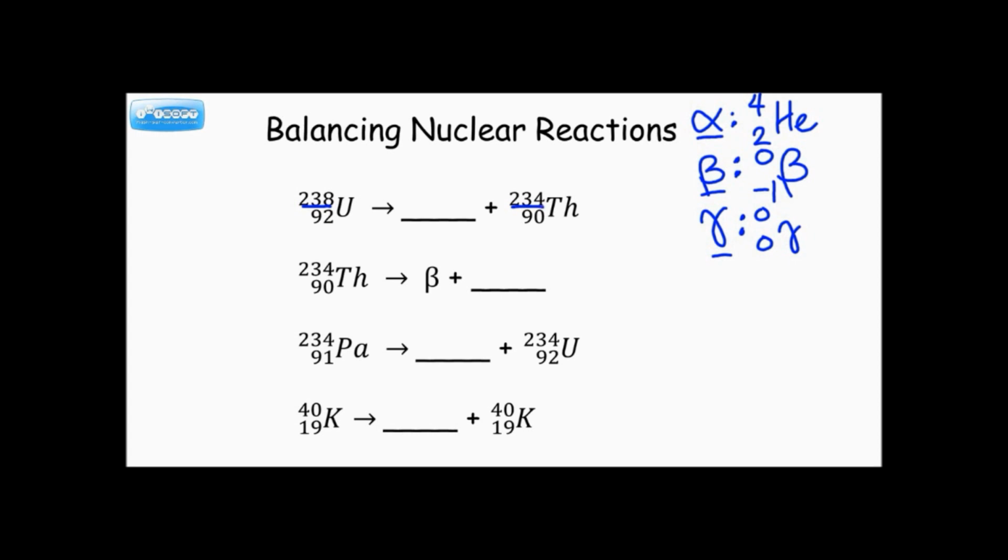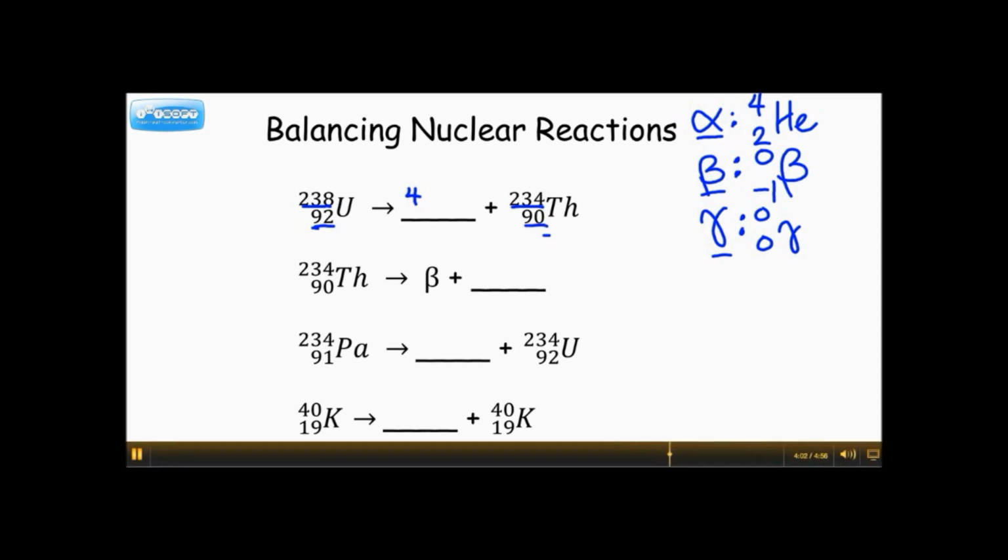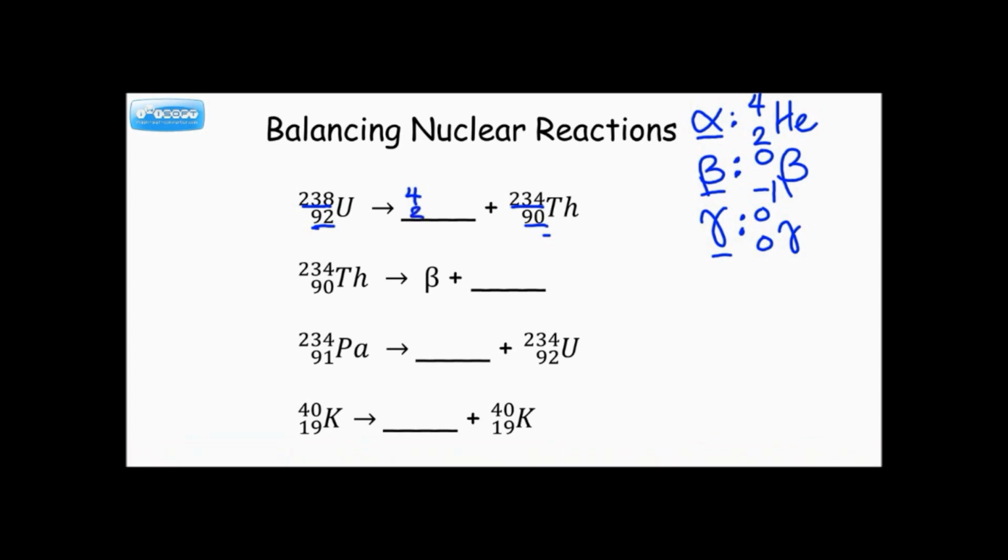The difference there, because left and right have to be equal, means we need a weight of 4. For the atomic number, we have 92, and we have 90, which means to make it equal on both sides, we need a 2. Hey, look, it matches up with helium. And so this is alpha decay.